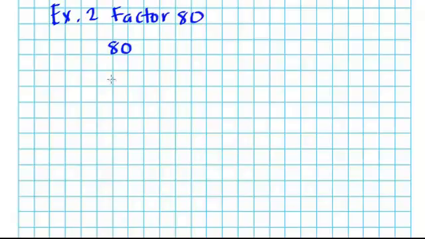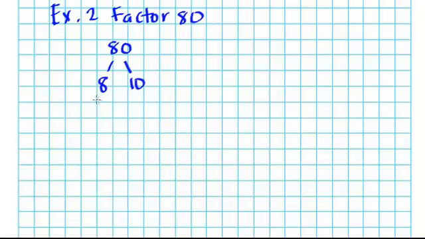Example number 2. This time we're going to factor 80. In order to factor 80, I think of numbers that will divide 80. I have to start with two numbers that, if I multiply them together, give me 80: 8 and 10. Can I factor out 8?